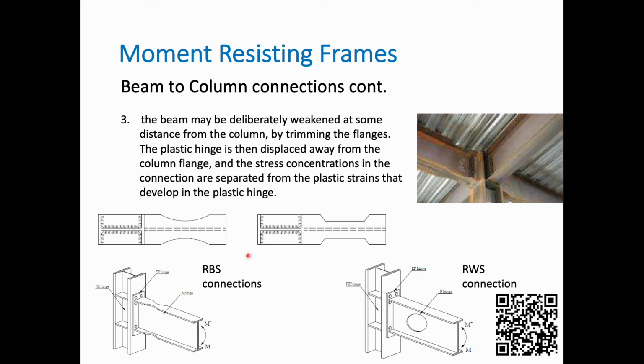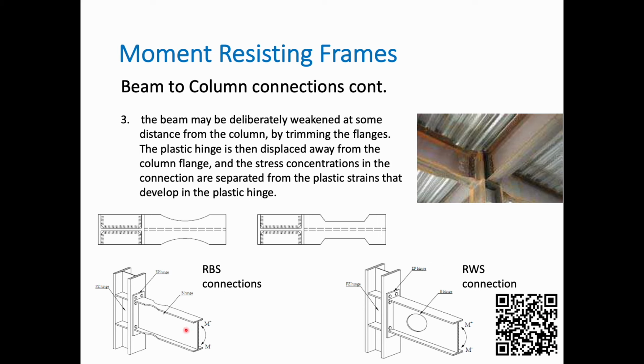There are many different types of RBSs with some other dog bone cuts or penetrations on the flanges, and you will see a plethora of these in the literature. And more lately there is a very similar concept, the RWS connection, the reduced web section connection, which is something that I have worked a lot on in the last 10-15 years, and the principle is the same.